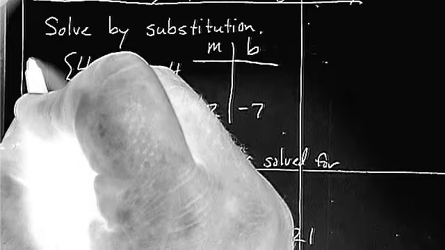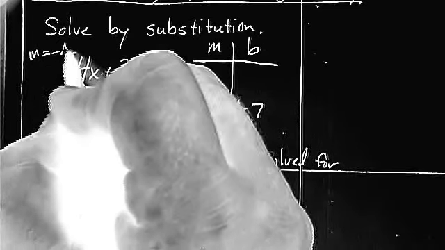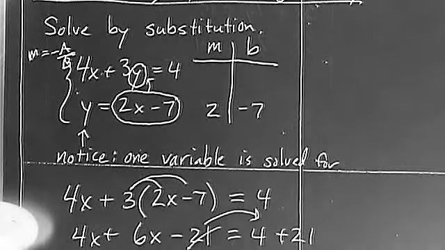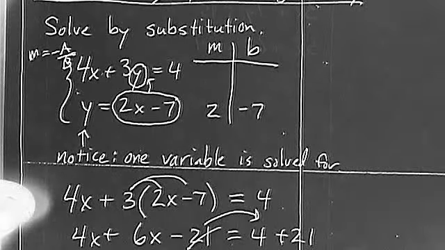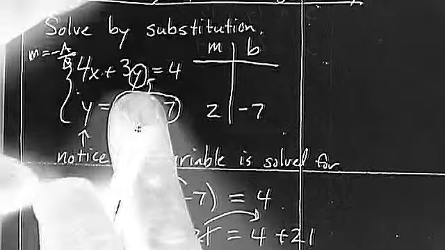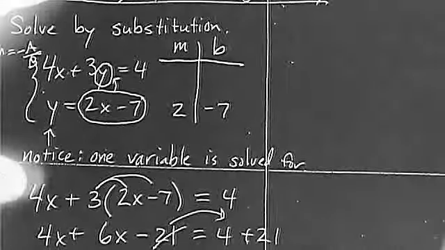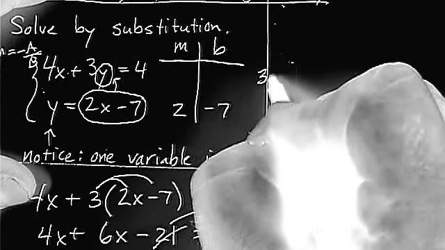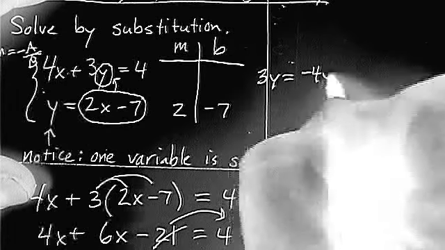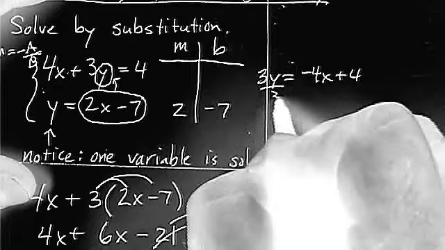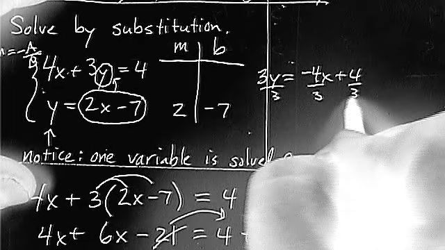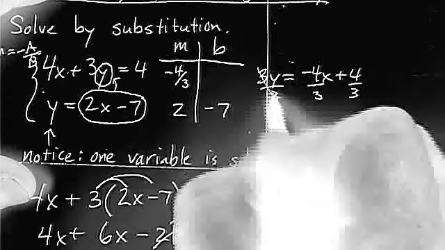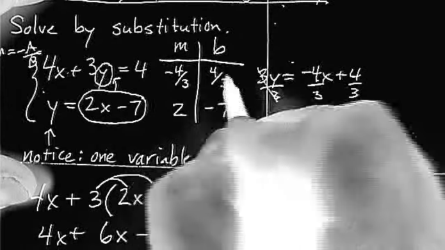We talked about that before, that the slope was the opposite of a over b. Some of you will remember that, and some of you it doesn't make sense. That's okay. You can solve it for y and you'll get the same result. So if you go over here and solve for y, that would be 3y equals negative 4x plus 4, and divide by 3. And you can see that your slope is negative 4/3. And your y-intercept is 4/3.